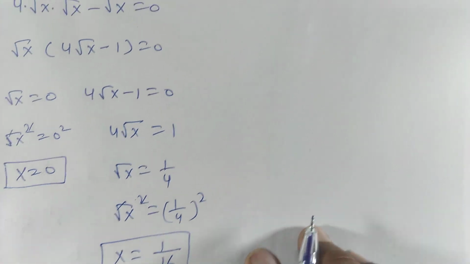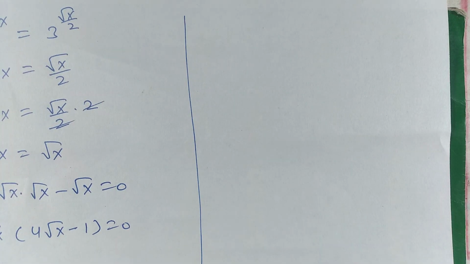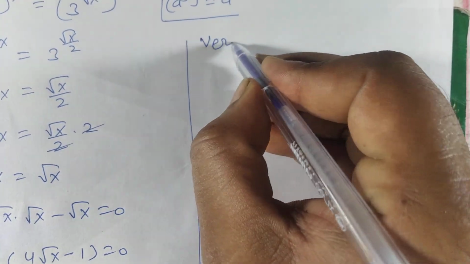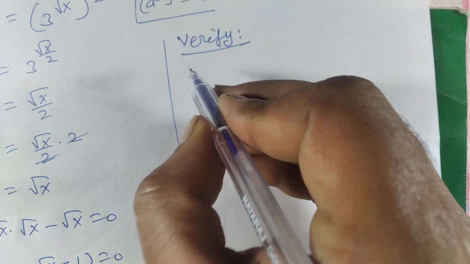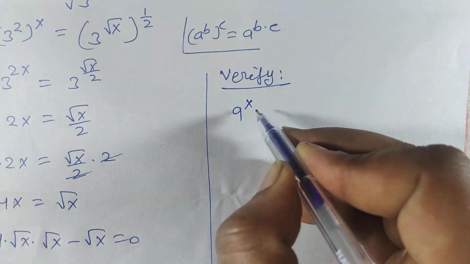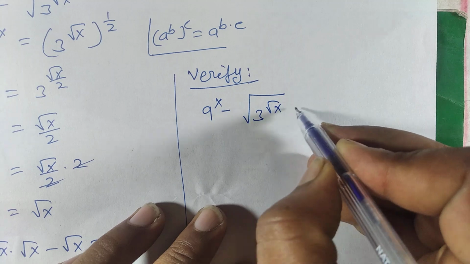Now verify both the values of x by putting them in the main equation. The main equation is 9 to the power x minus square root of 3 to the power square root of x is equal to 0.